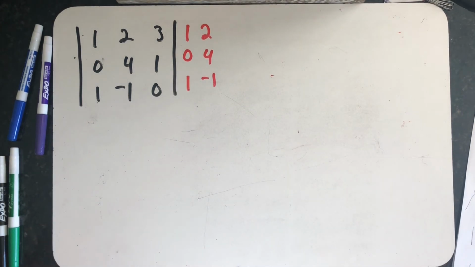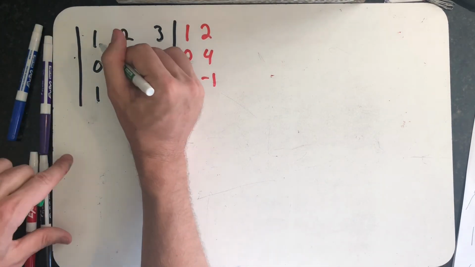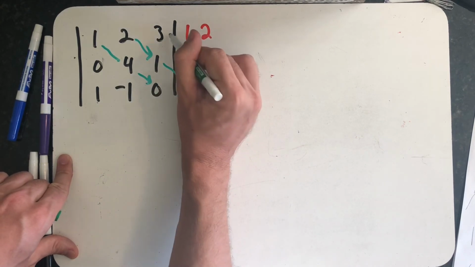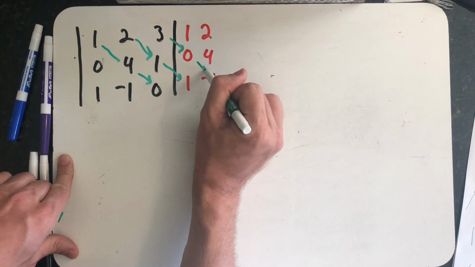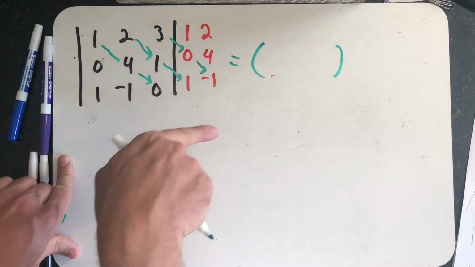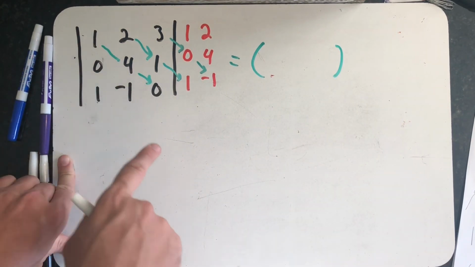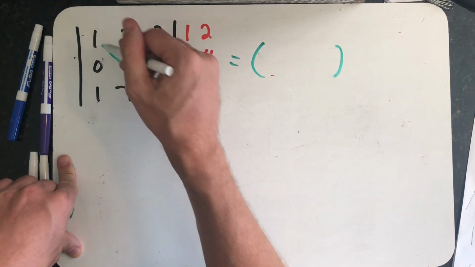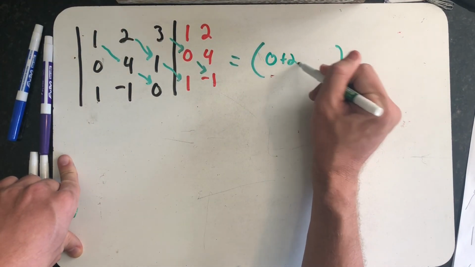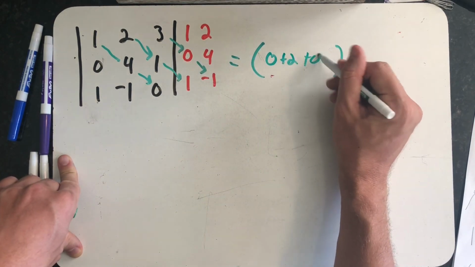And what we're going to do is multiply down the main diagonals, the big long ones. And so what I'm going to do is multiply down and add the numbers I get. So 1 times 4 times 0 is 0. 2 times 1 times 1 is 2, and then plus 0.